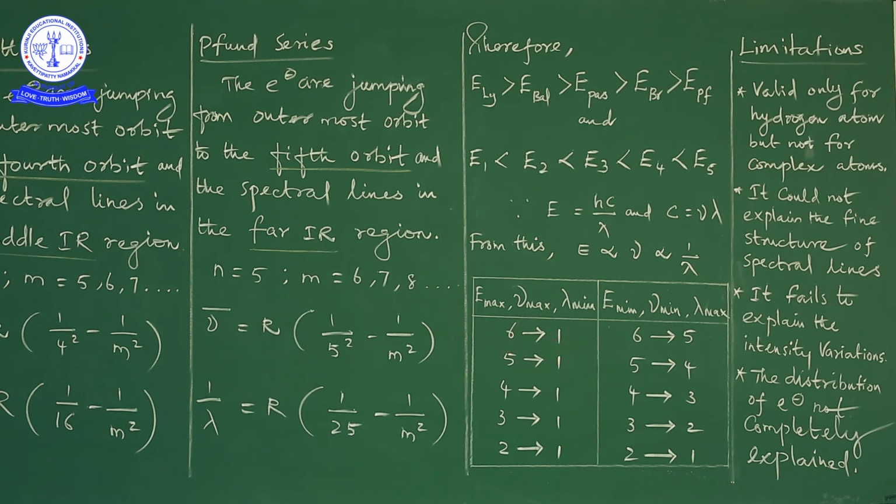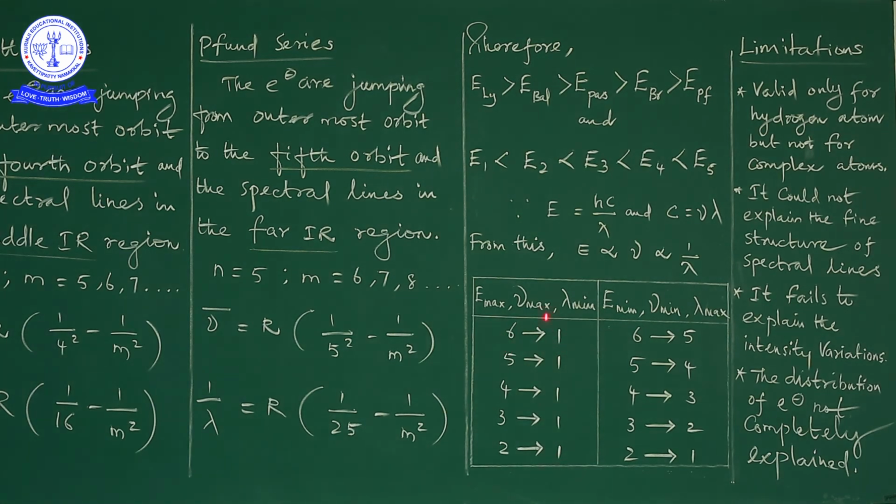The meaning of 6 to 1 is the electron jumping from the 6th orbit to the 1st orbit, and 5th orbit to the 1st orbit, 4th orbit to the 1st orbit, 3rd orbit to the 1st orbit, 2nd orbit to the 1st orbit. So among these 5 categories, the rank number 1 is 6 tends to 5.